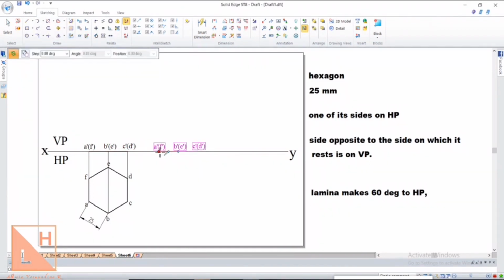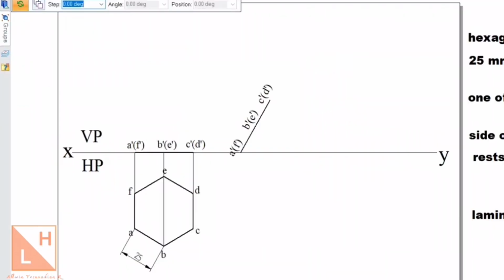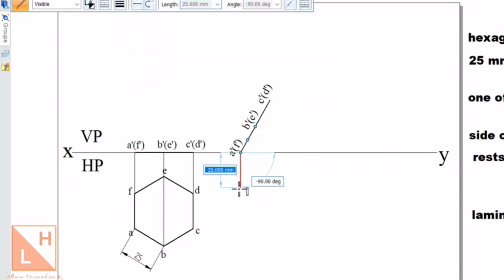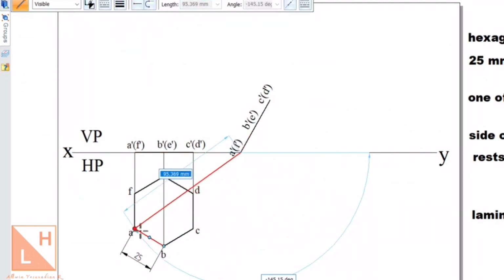And while rotating also, the first point you select will be fixed. So we are always choosing the left side. So make that a fixed one and give an angle of 60 degrees. Draw projection lines from all of these points to the top view.